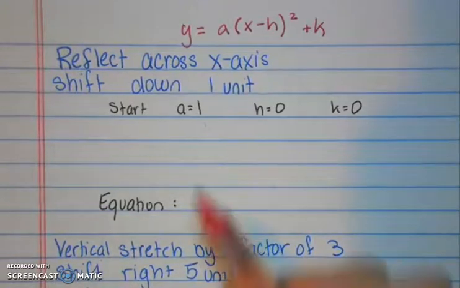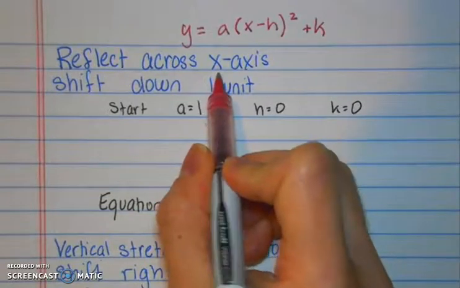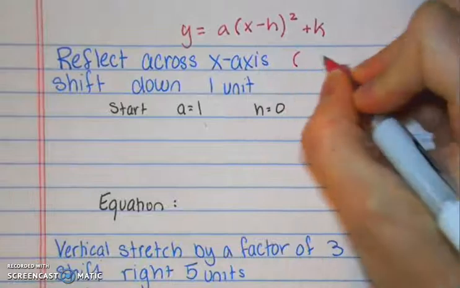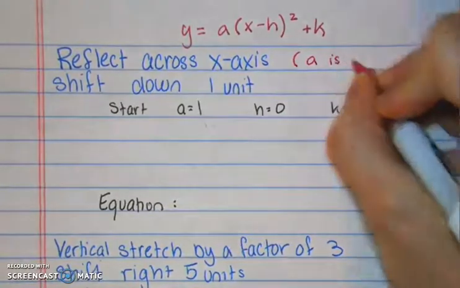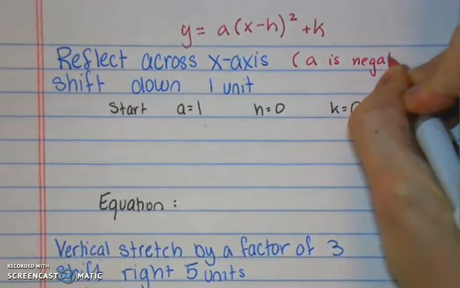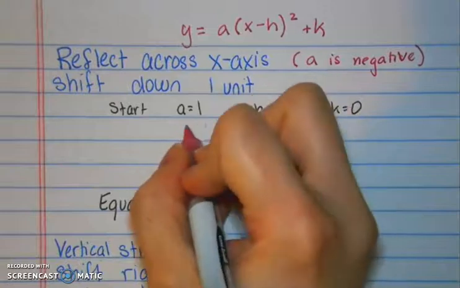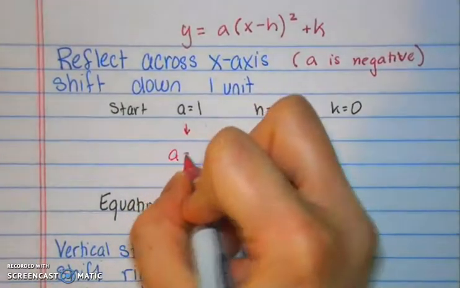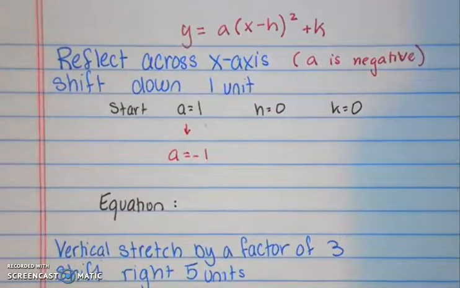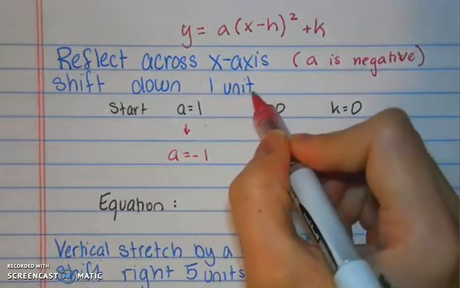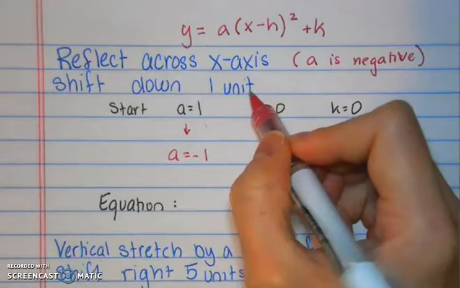So in this example, I know that I am reflecting across the x-axis. Well, that means that a is negative. So if a is negative, then I can change this 1 to become negative 1. Then I know that I am shifting down 1 unit.